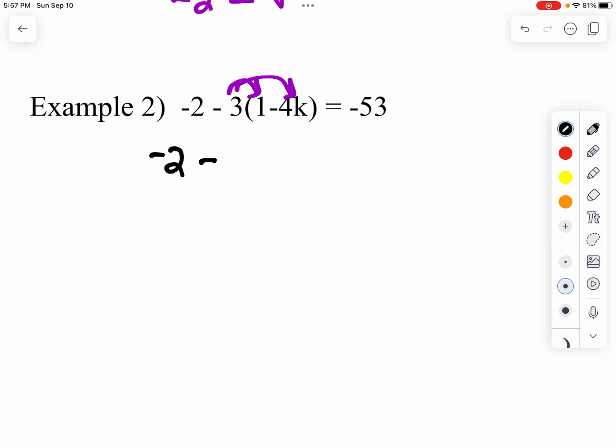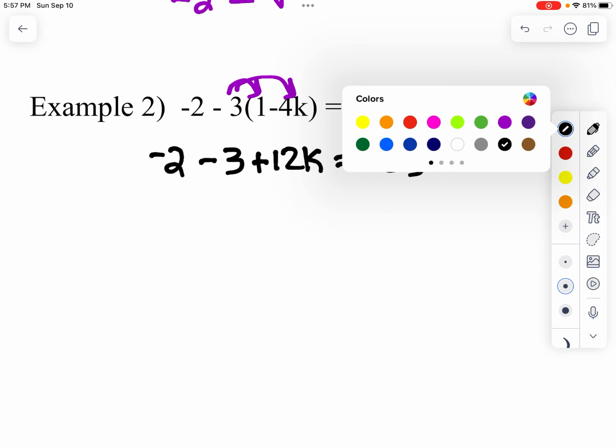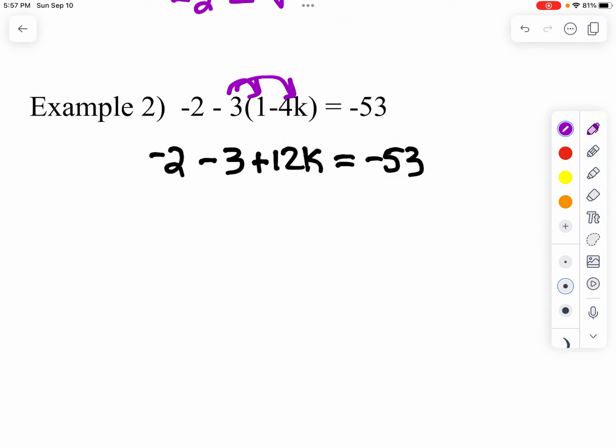So that gives me -3 times 1 is -3. -3 times -4k is a positive 12k equals -53. So just in case I lost you there with the signs, we got to understand that that 3 right here is a negative. So we're doing -3 times 1 minus -3 times 4k. So that's where my signs are coming from.